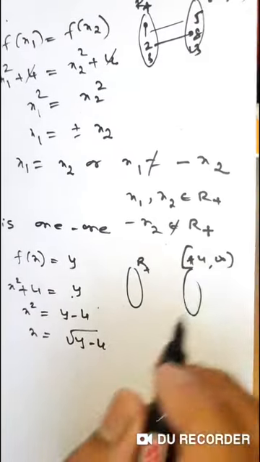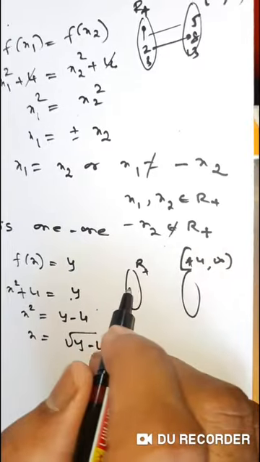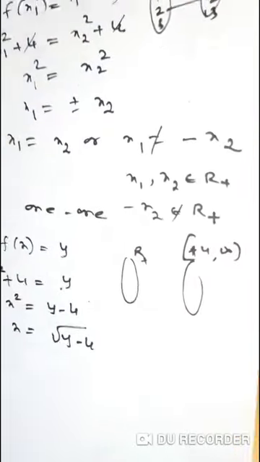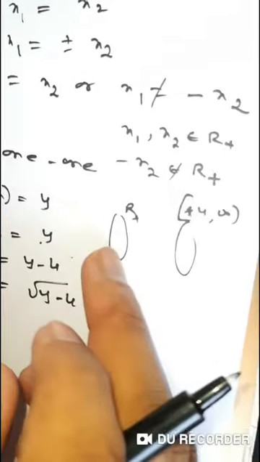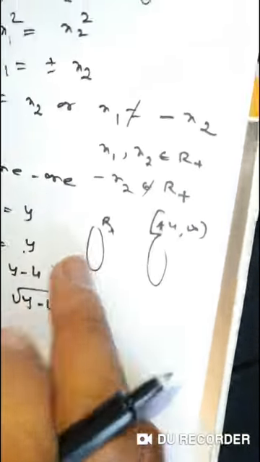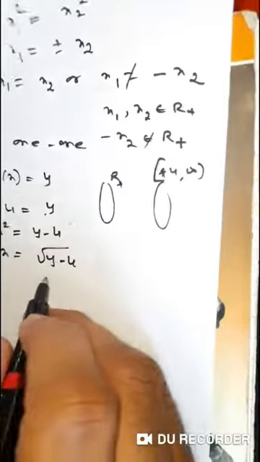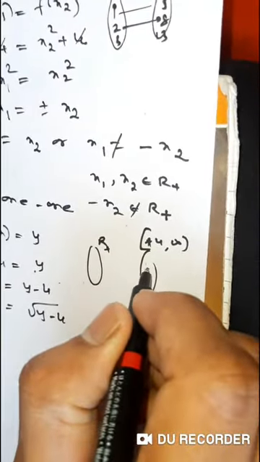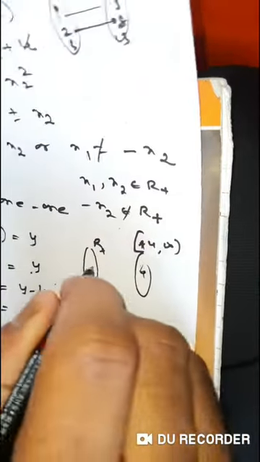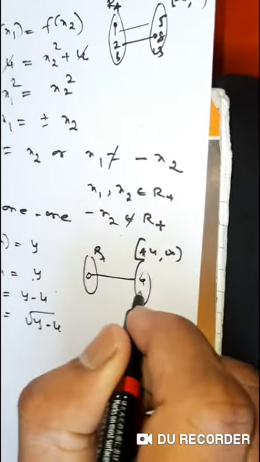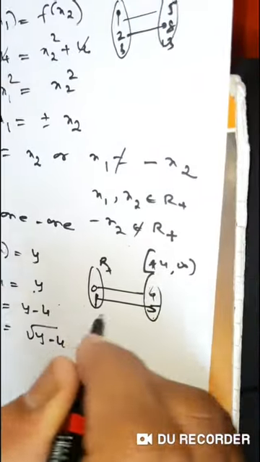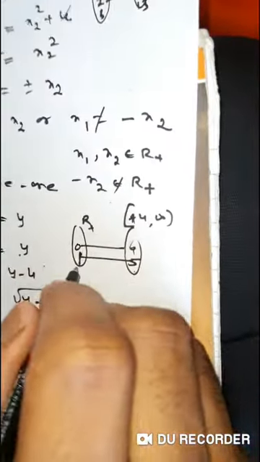So the function is onto. It means for every y there exists x in R plus. Every image has a pre-image in R plus. Right? So for example, when you put y equal to suppose 4, you get 0, and 0 is there. Put y equal to 5, we get 1. Put 6, we get root 2, 1.41, that is also there in R plus.